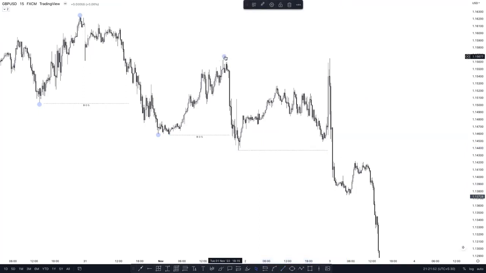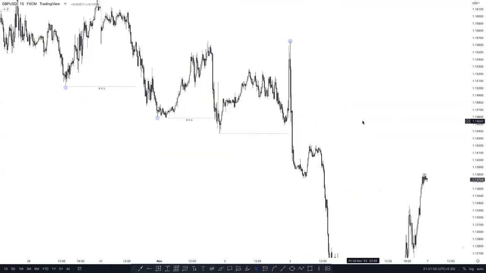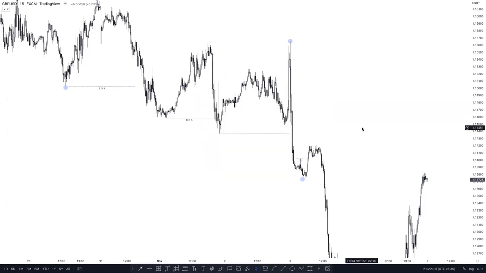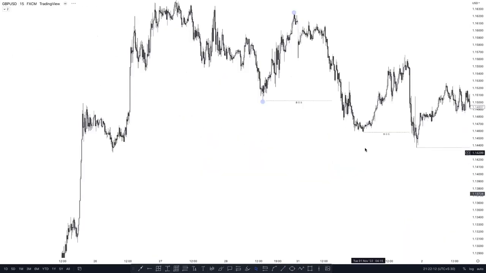So our high transfers from here to here, right? And this becomes our lower high. And at this point, this lower low is confirmed here, because market took out the inducement here. This is a close. I think no.